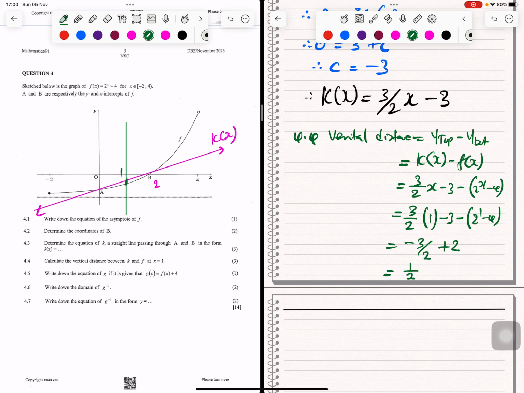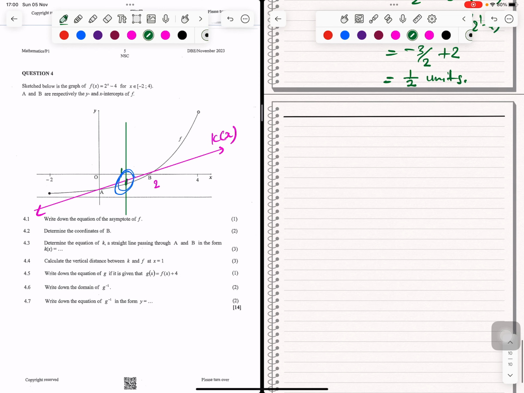That is going to give you a half, but don't forget to write units because this is the distance. So the distance here is just half. You can see it's very tiny, that distance. If you try to even imagine this distance, it's very tiny right here. It's a half distance. Okay, so let me put the units, it's a half unit.